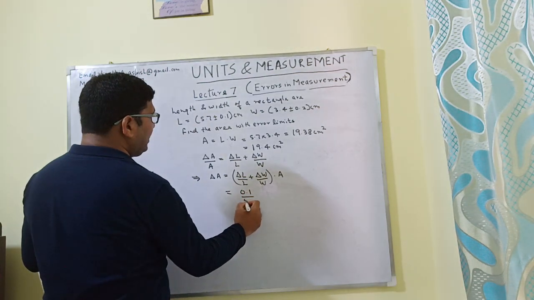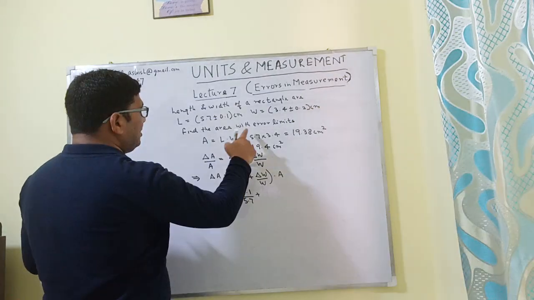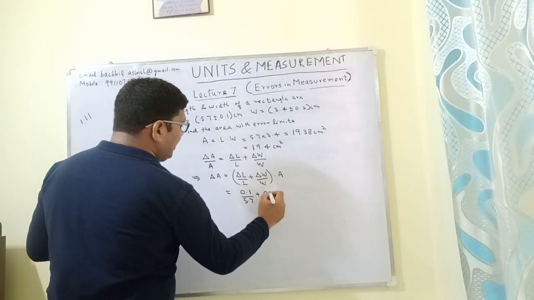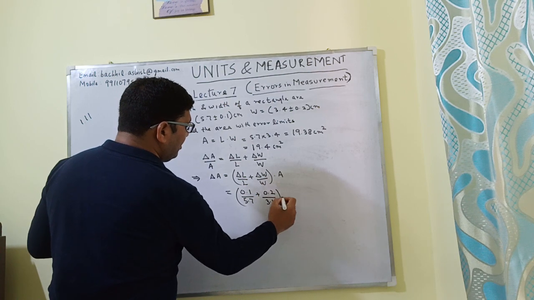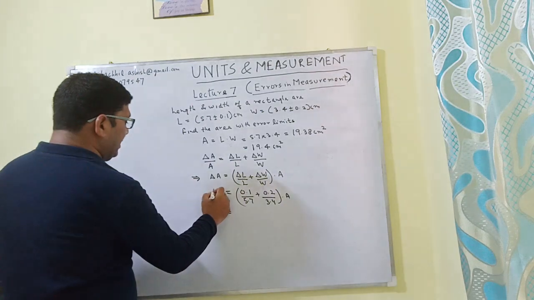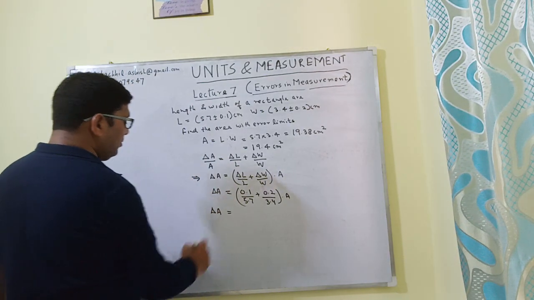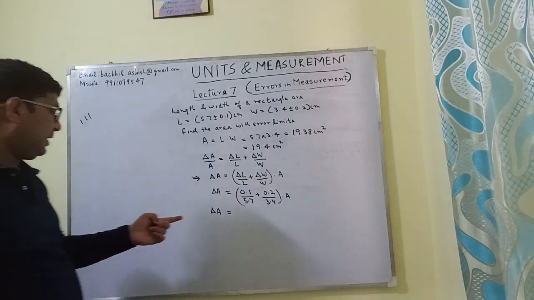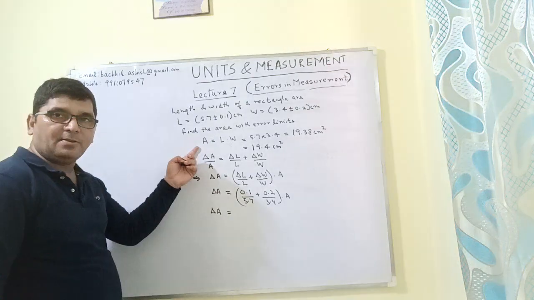L is 5.7, plus delta W is equal to 0.2 divided by 3.4, into A. So this is equal to delta A. Okay, so this delta A is the error in the measurement of area.